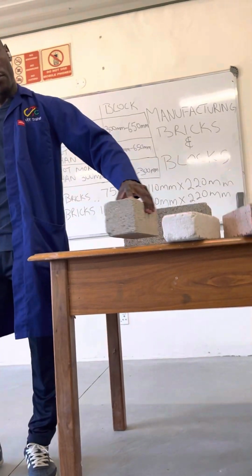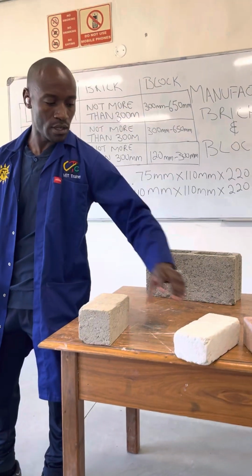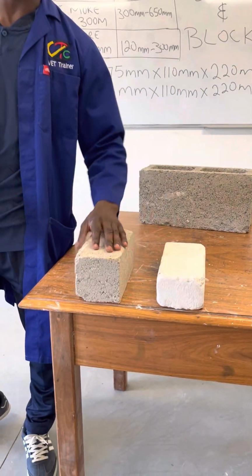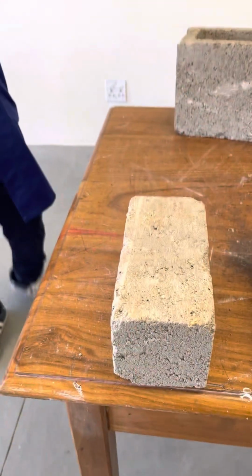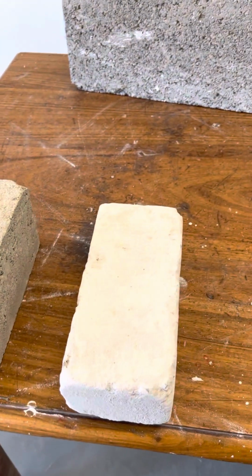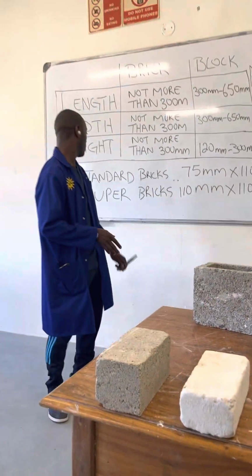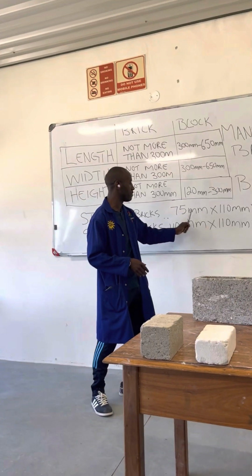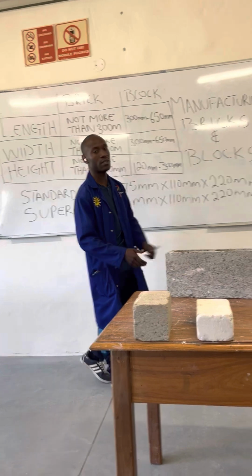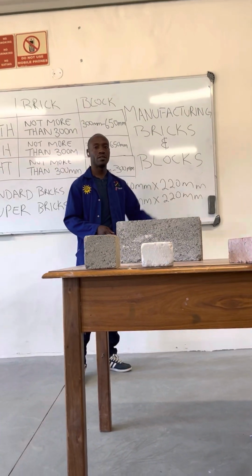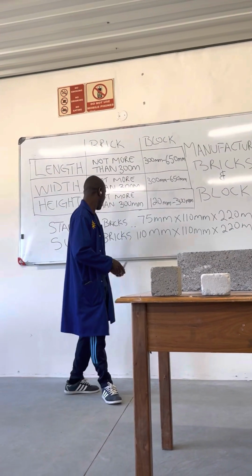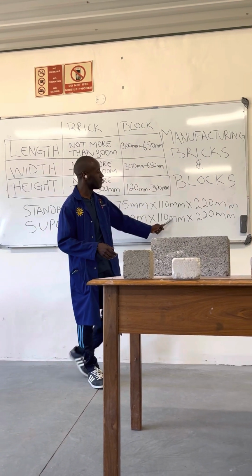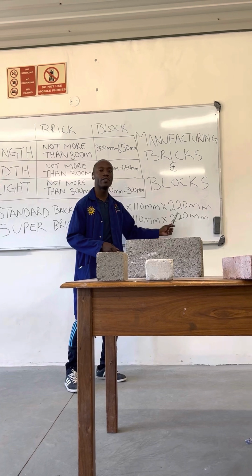Now with bricks, we have two types of bricks commonly used in Namibia. We have a super brick and a standard brick. The difference between super brick and standard brick is the size. A standard brick has a height of 75, a width of 110, and a length of 220. A super brick has a width of 110, a height of 110, and a length of 220.